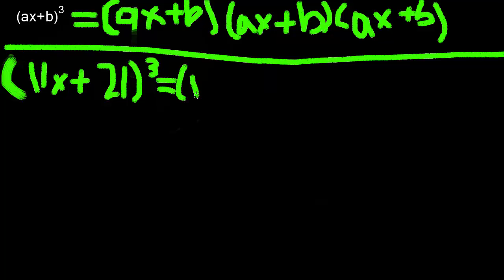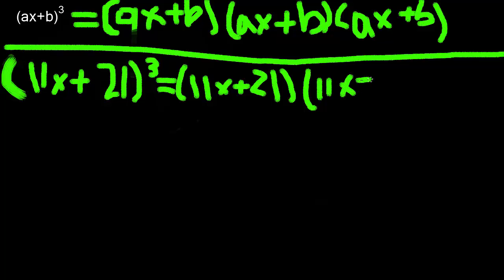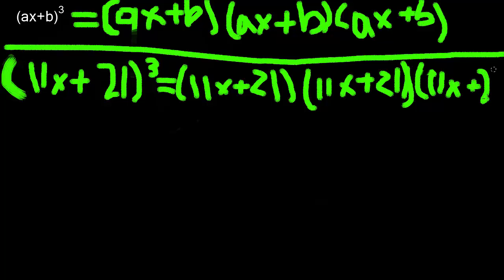So that would be (11x + 21) times (11x + 21) times (11x + 21). You get the point. So 3 factors of 11x plus 21.